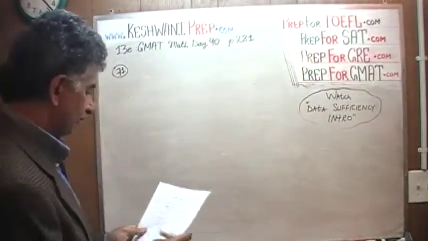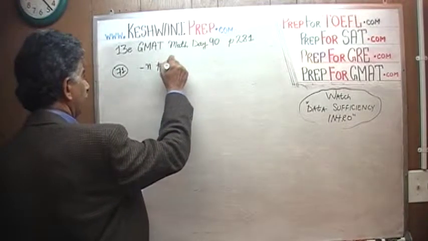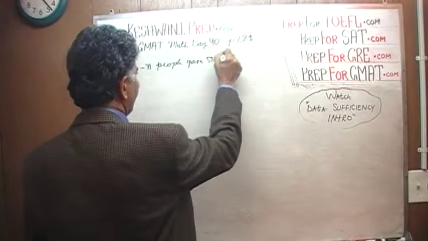Number 71 goes something like this. N people gave $500 each.